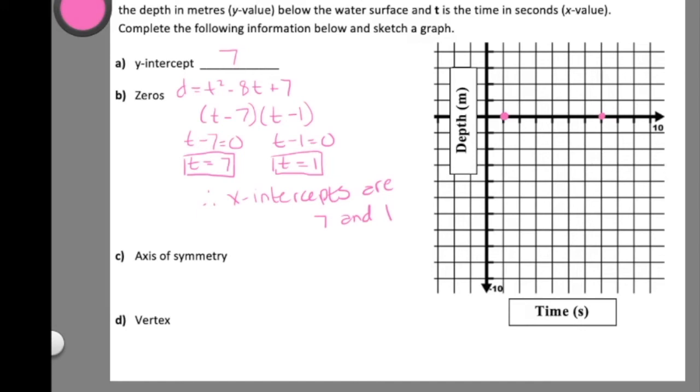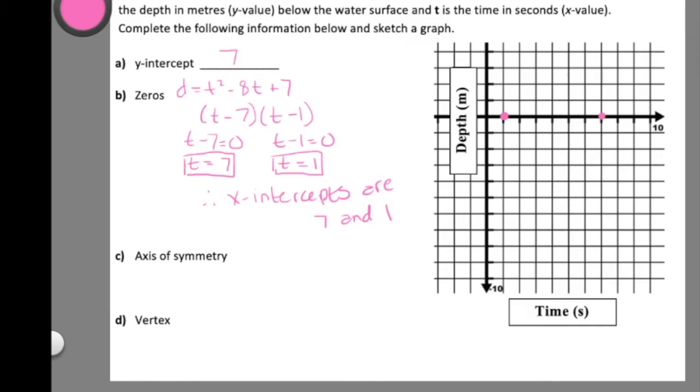The axis of symmetry. The axis of symmetry is going to come in the center of the parabola. So how can I find it? Well, that's going to be the point in between our two x-intercepts. Remember that parabolas are kind of like mirror images if you cut them down the center. So naturally, the middle of this parabola is going to be the dead center of these two x-intercepts.